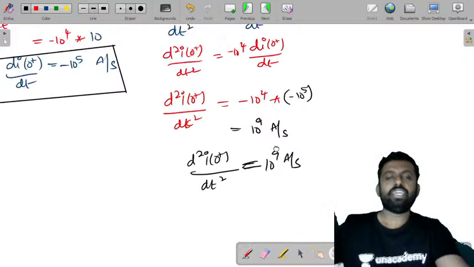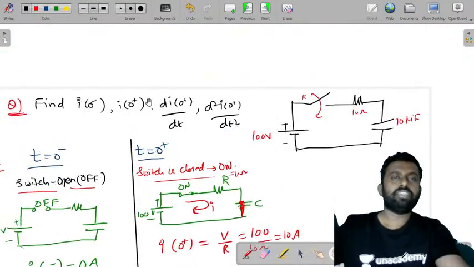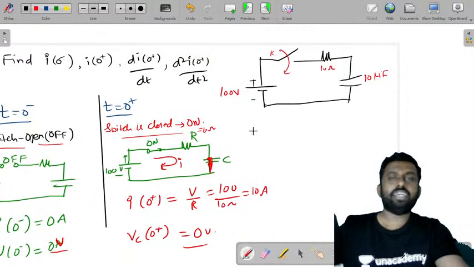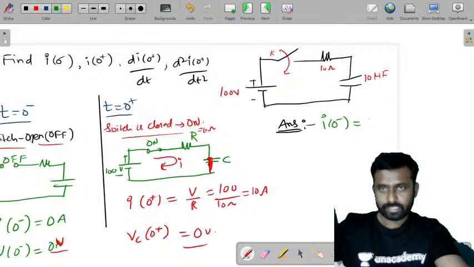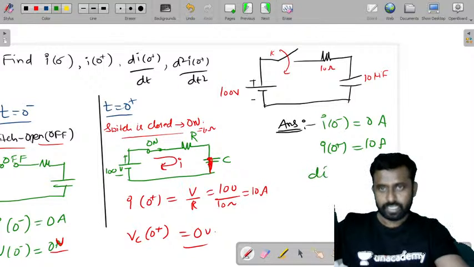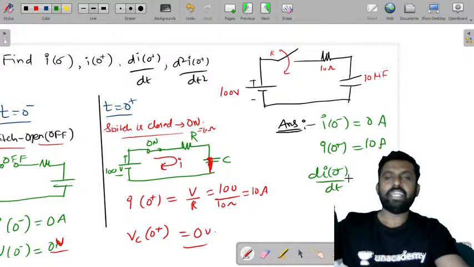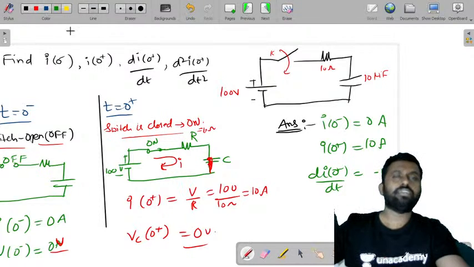So finally, for the given question, we'll just write all the answers here. First, I of 0 minus is 0 amperes. Next, I of 0 plus is 10 amperes. di of 0 plus by dt is minus 10 power 5 ampere per second.